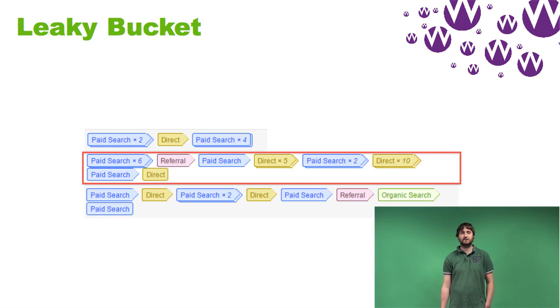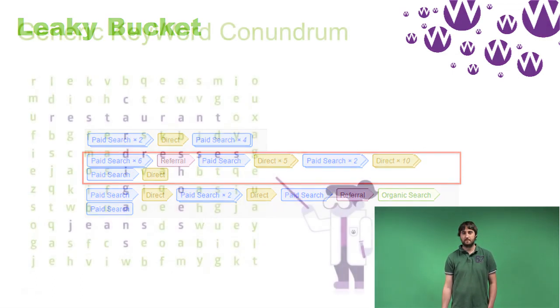In this case 6 searches in paid search, a referral, another paid search, some direct purchases, then some paid search visits again. So if you have a defined budget, there's a possibility that you're missing out on some of these searches and that you then have a leaky bucket where you're not going to capture all the searches and then potentially miss out on that purchase. So that's problem number one.